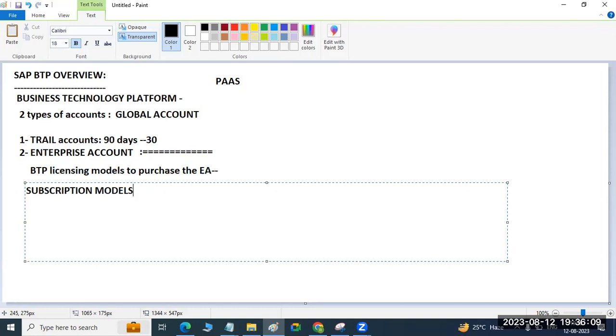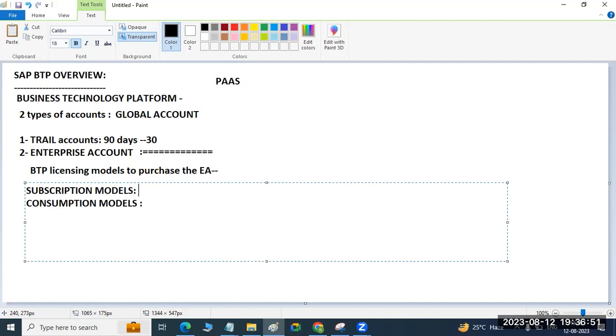One is the subscription-based model, and the second one is the consumption-based model, right? Two types of models are available for the enterprise account: subscription and consumption-based. The subscription-based model means you are allowed to use only subscribed services, only a few subscribed services, at a fixed cost.